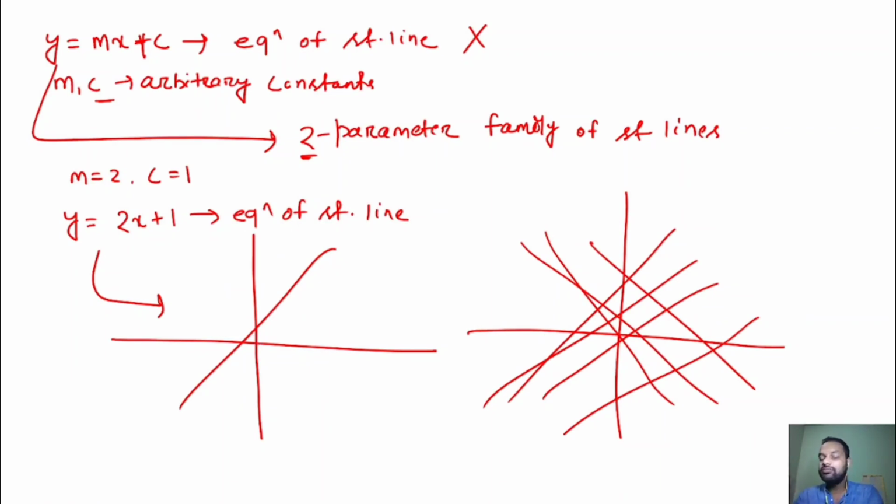That's why we can now tell that this is an equation of straight line. Okay, so if we don't know the values of arbitrary constants, in general we will say we got a family of curves, n parameter family of curves. Okay, I think this part is clear.